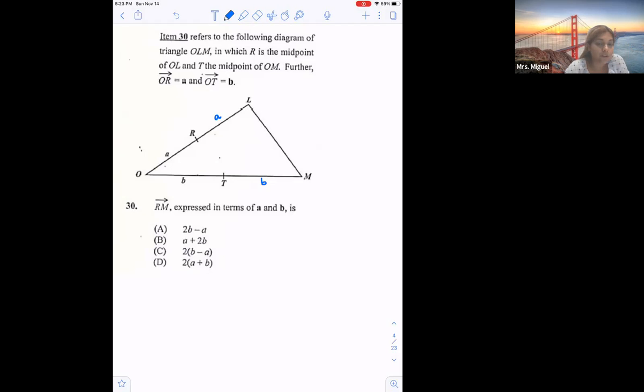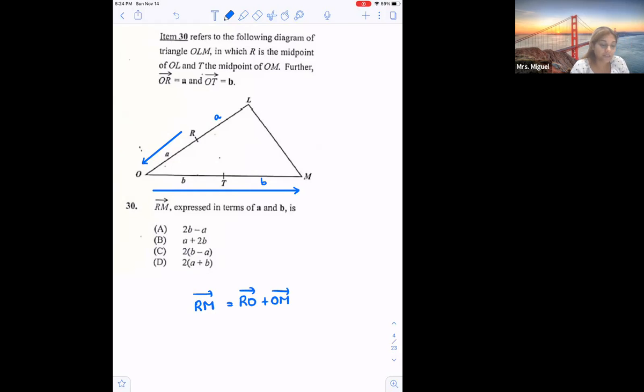We want to go from R to M. So watch this. We can go from R to O, and we could go from O to M. So RM is equal to RO plus OM.